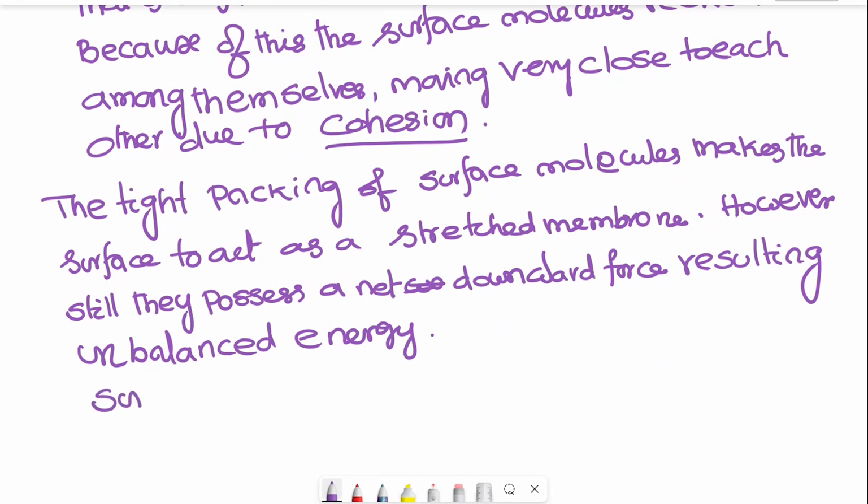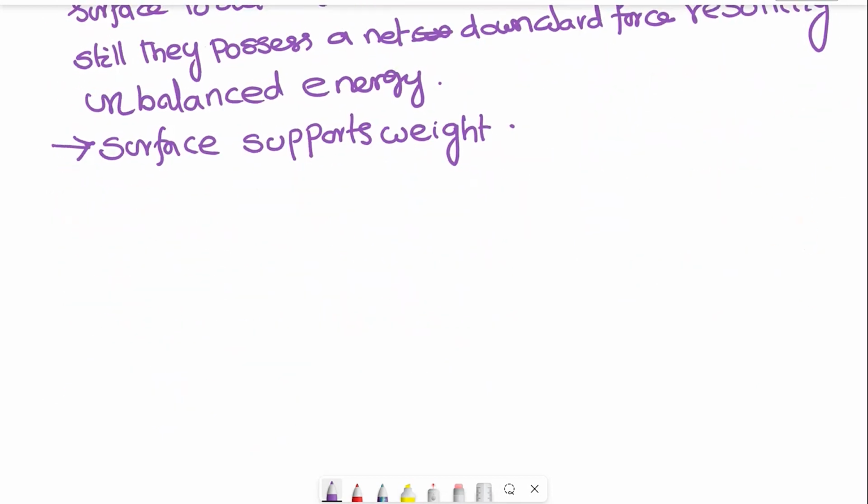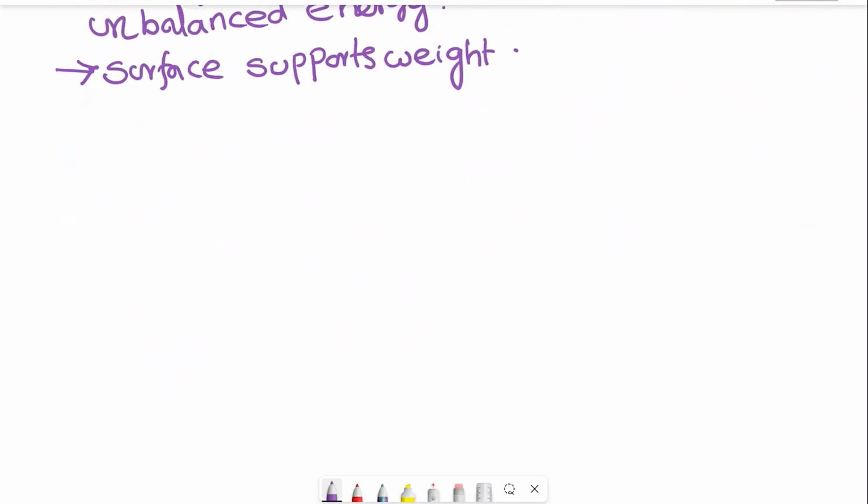That is why the surface supports weight. That is the reason. This unbalanced energy is responsible for the surface to support any weight. So now let me go into the definition part.